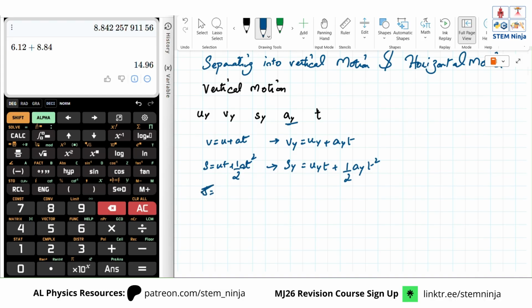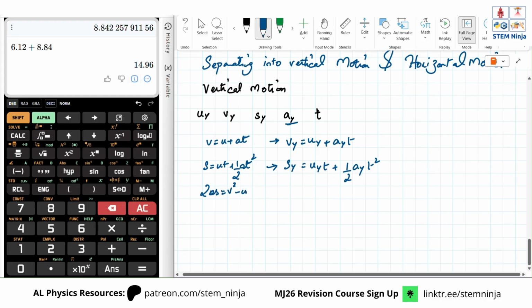We could also have 2as equals v squared minus u squared. This would become 2 ay sy equals vy squared minus uy squared. You could have the other one also with the average velocity. It doesn't change a thing.